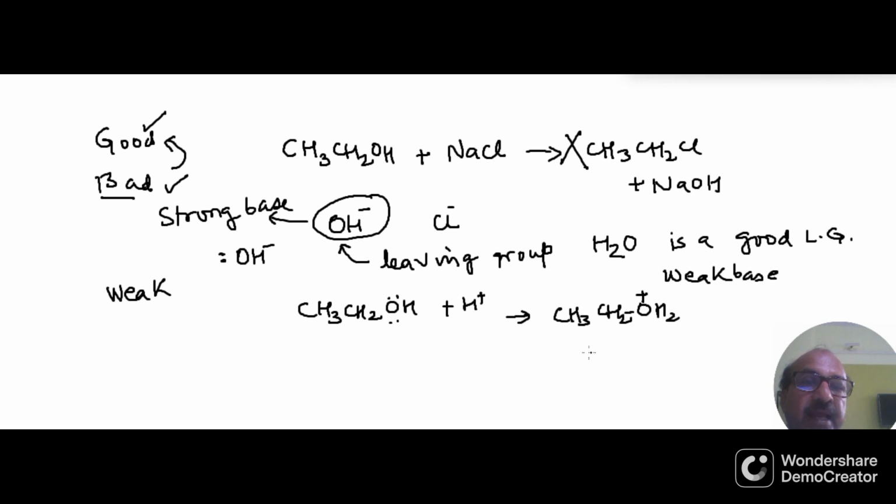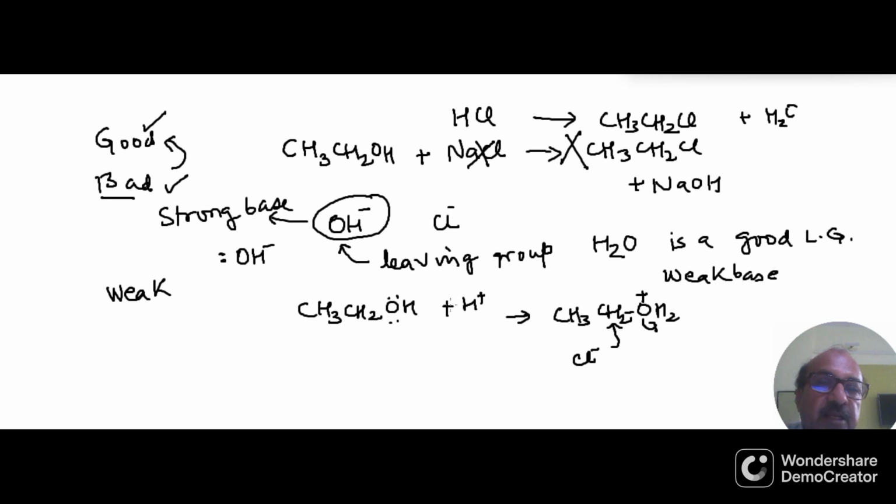And now when the chloride ion attacks on this carbon, then H2O can easily leave because H2O is a weak base and therefore a good leaving group. So instead of using NaCl, if we use HCl, we would be able to effect this conversion because in acidic medium, we convert OH minus, a bad leaving group, into H2O, a good leaving group. That's the message I wanted to give.